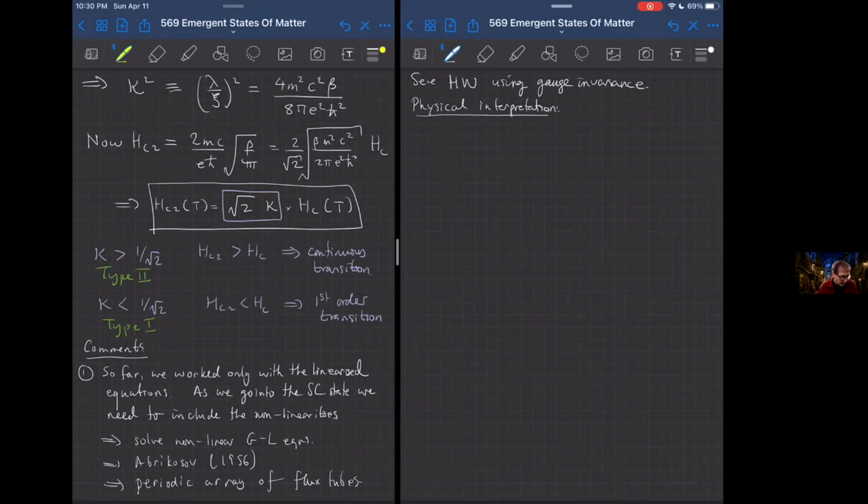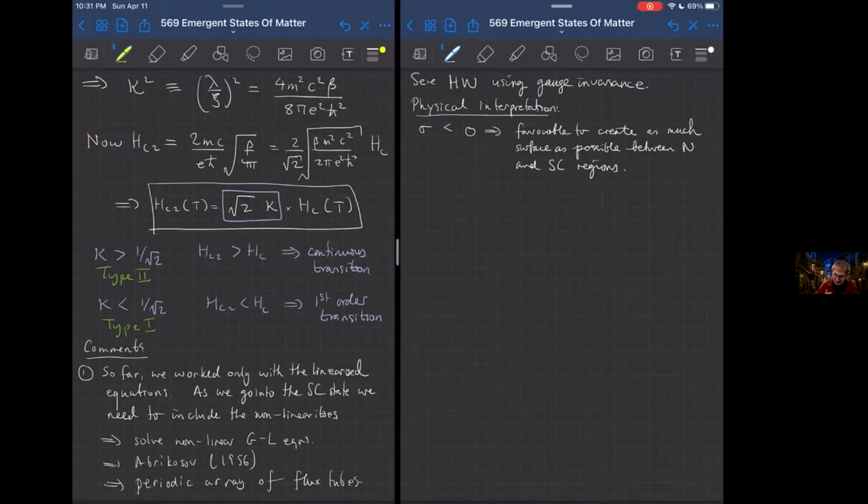The physical interpretation is that the surface tension or surface energy is negative, and so that means it is favorable to create as much surface as you can between the normal and the superconducting regions.